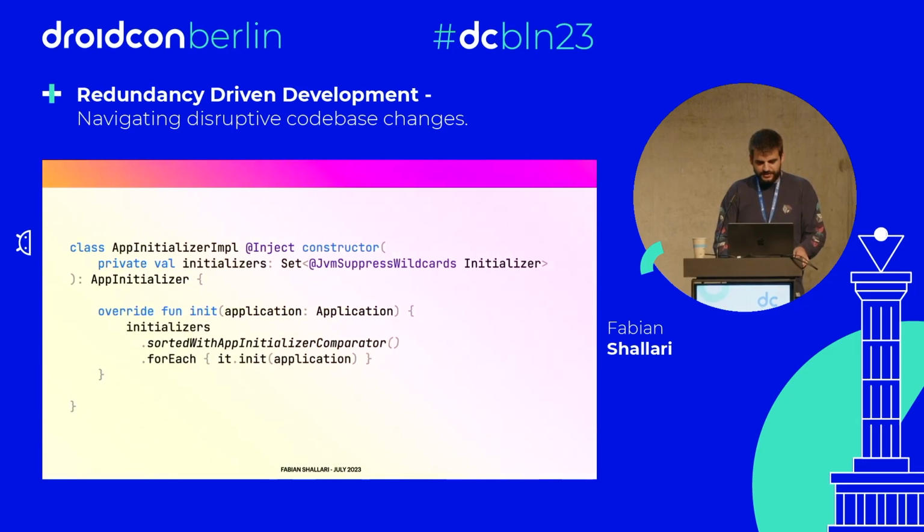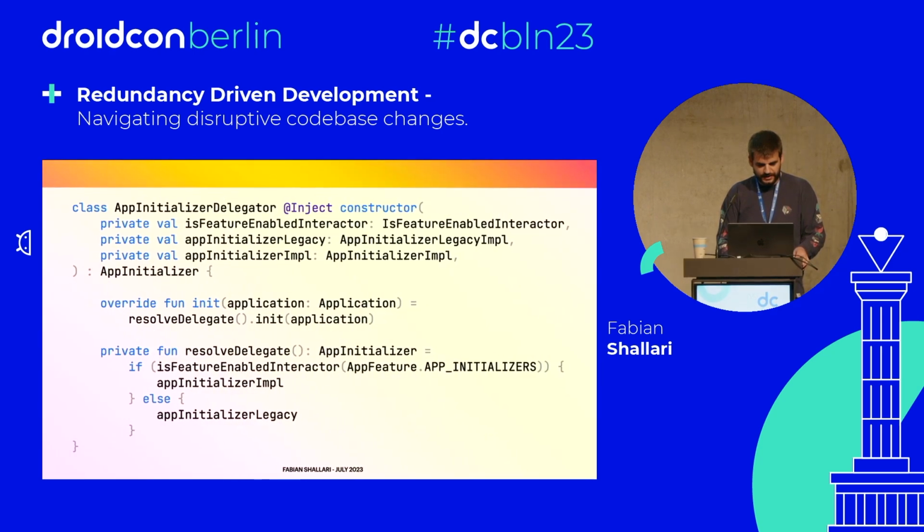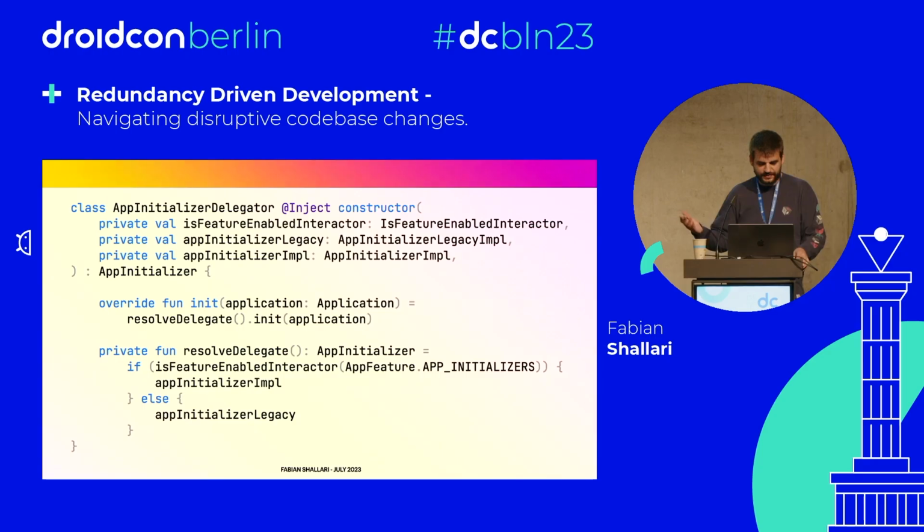The new implementation just needs to implement the same interface. And the delegator also implements the same interface, and on the init method, it looks at the feature switch. If it's on, it delegates it to the new implementation, and if it's off, it delegates to the legacy implementation.